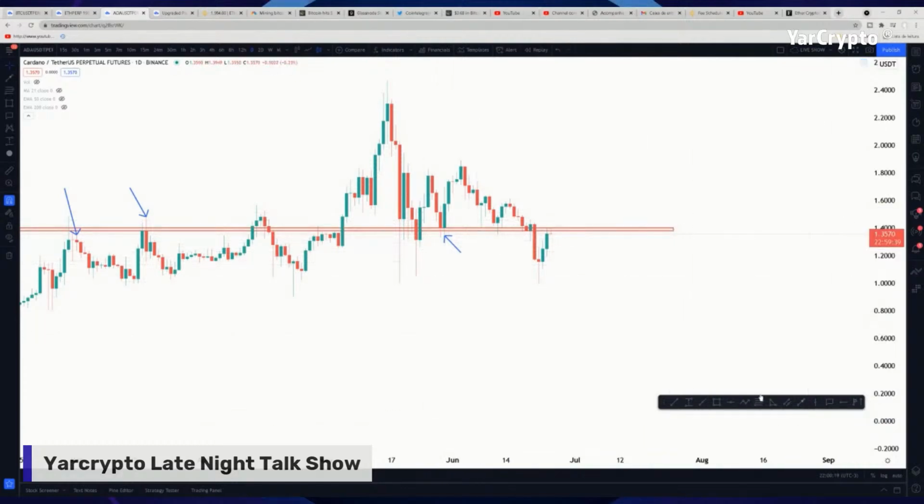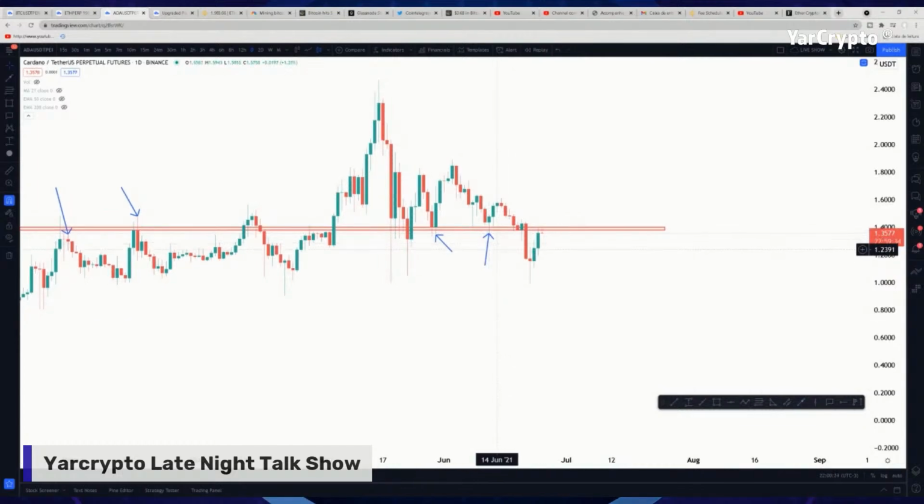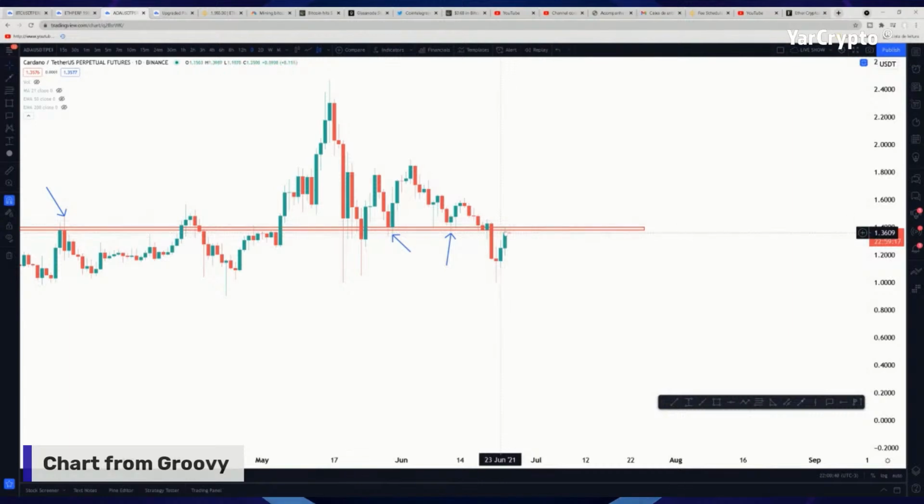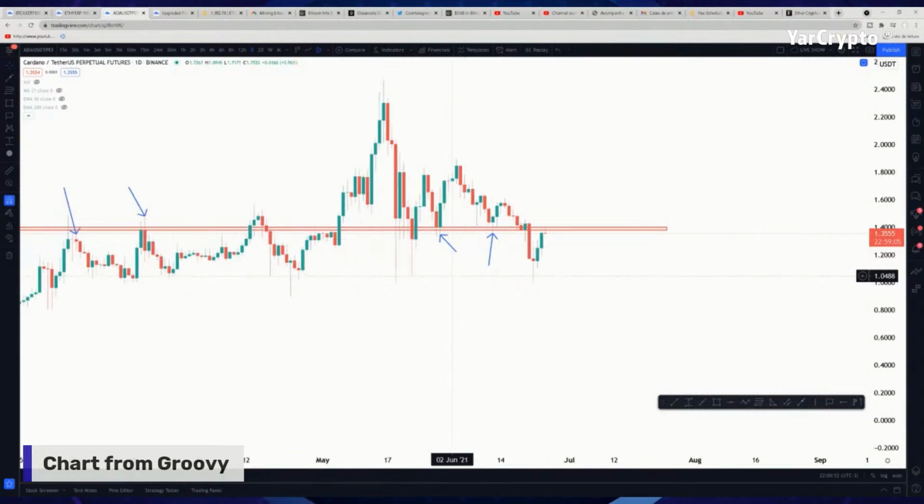So this is a very major area for Cardano that we are testing right now, similarly to BTC and Ethereum as well. All three of the coins are facing some resistance now. In the last daily candle, we tried to test it, couldn't really manage to get above it, and right now we are facing a little bit of downward momentum along with BTC.